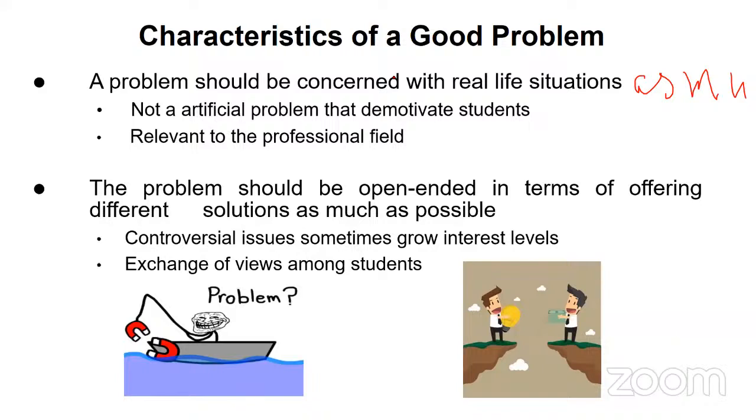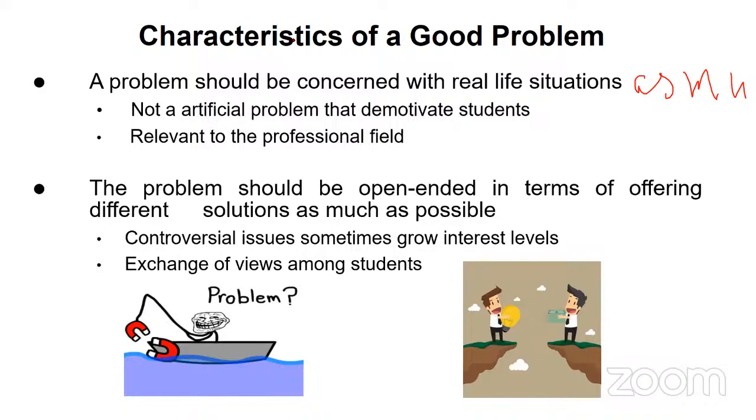Sir, I think that an open-ended problem is a problem in which we can search for other solutions also for that problem. Right, right. So there is a vast scenario open to solving the open-ended problem. Right, right. So there are multiple ways to solve it.